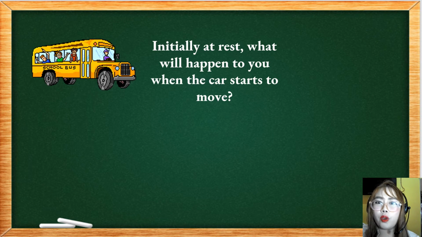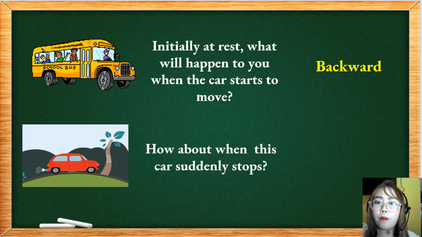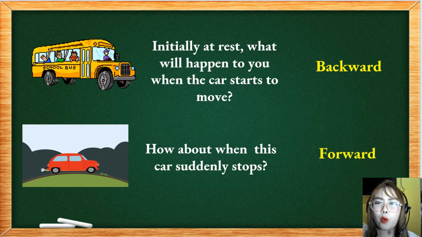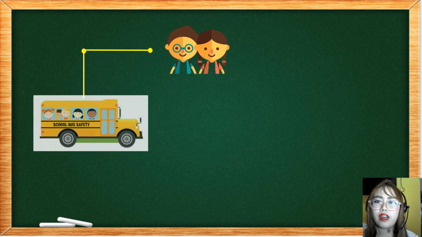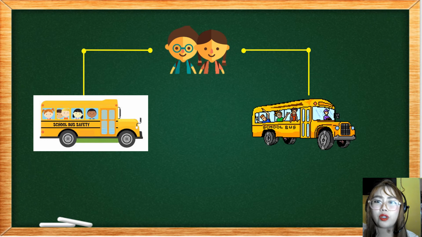Oh, your body has the tendency to move backward. On the other hand, when the car suddenly stops, your body has the tendency also to move forward. More so, when the car either starts to move or suddenly stops, your body has a tendency to change your state of motion.